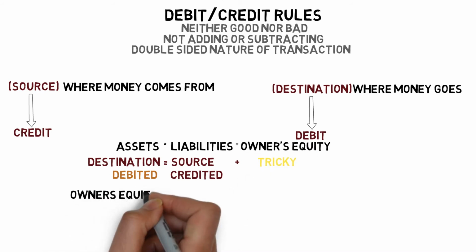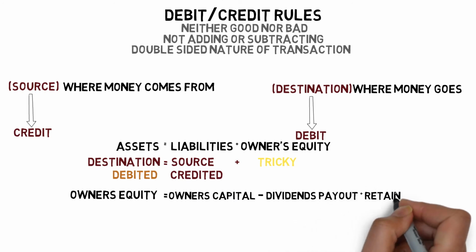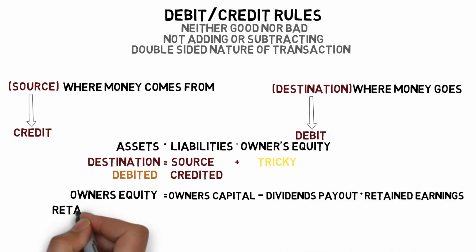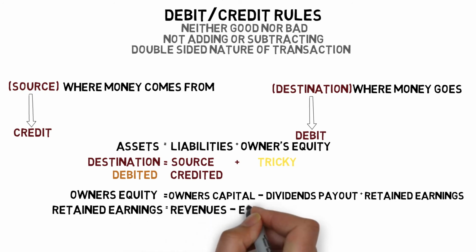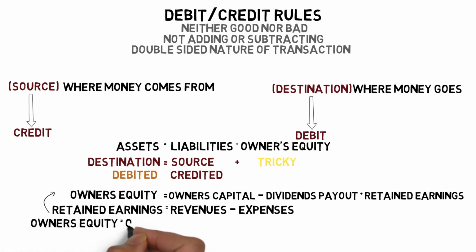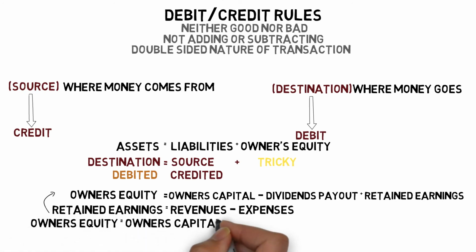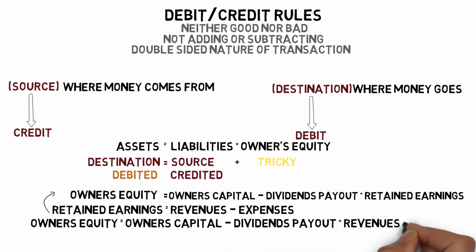Owner's equity is composed of owner's capital minus dividend payout plus retained earnings, and retained earnings is equal to revenues minus expenses. So putting the retained earnings equation in the owner's equity equation, we get owner's equity is equal to owner's capital minus dividend payout plus revenues minus expenses.